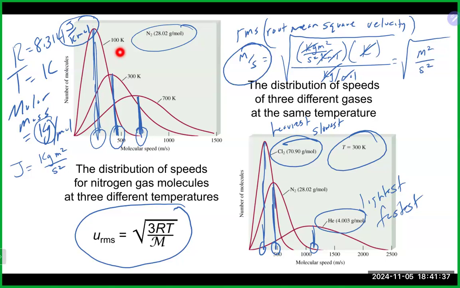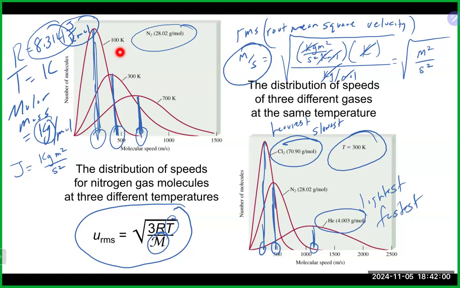The good news is the number is still 8.314, so it doesn't change, even though joule is equal to all those other units. So the main thing you have to watch out for here is temperature in Kelvin and molar mass in kilograms per mole.